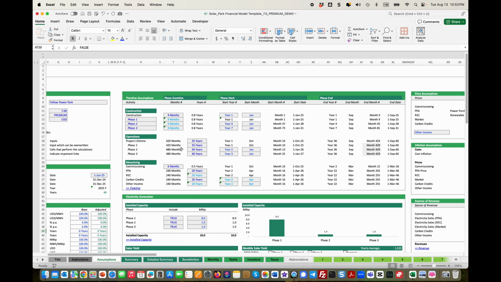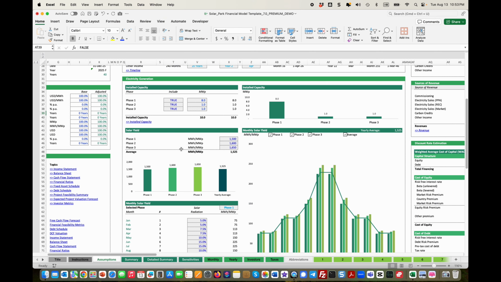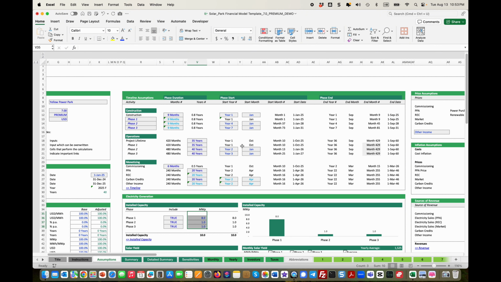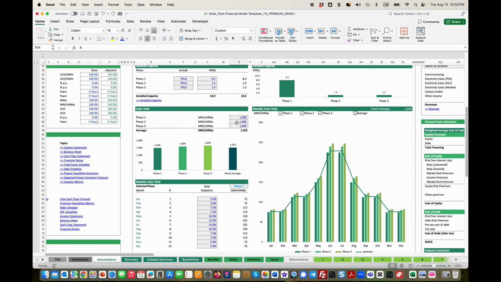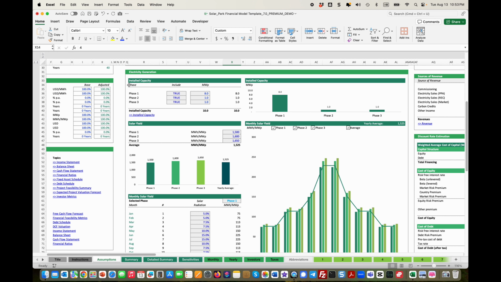So the timeline is set with this. As we already touched on, for electricity generation, we need to define which phase brings which capacity online, and the timing then helps us to plot this on the timeline. Then for each of these phases, if the locations of phase 1 and 3 are different, this might also lead to the solar yield being different.